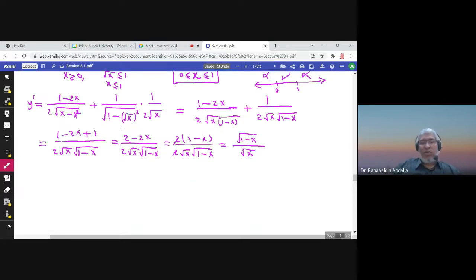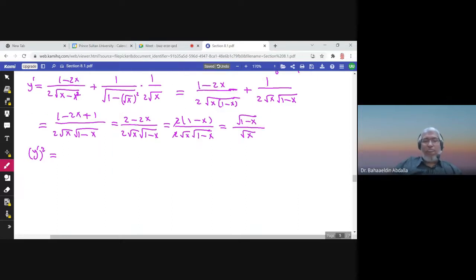And you need to simplify y prime before raising it to the power 2. Imagine you raise this to the power 2. Simplifying is very important. Okay, if you raise this to the power 2, then you will have 1 minus x over x. And now let us find 1 plus y prime squared.